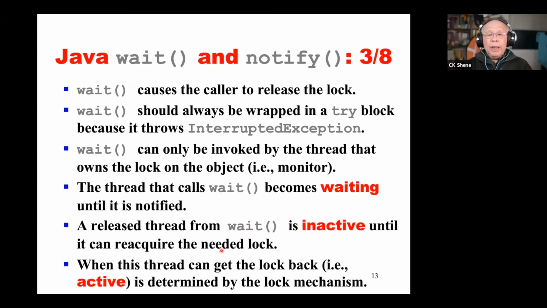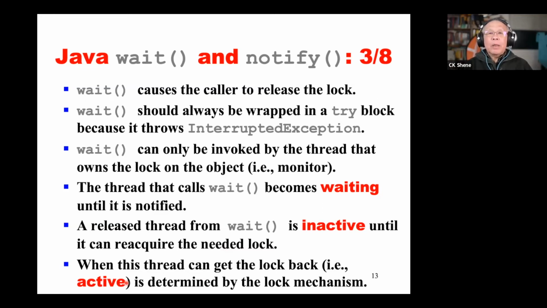Once thread A gets the lock back, that is, thread A becomes the owner of the common object. It's active, running inside the common object. So this explanation is a bit messy, a bit more complex than the classical monitor, but it's still the same.